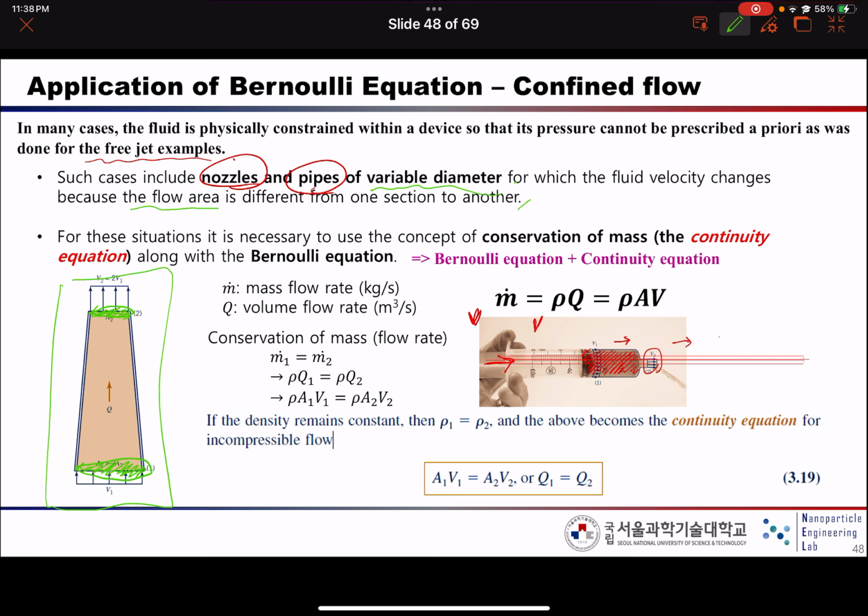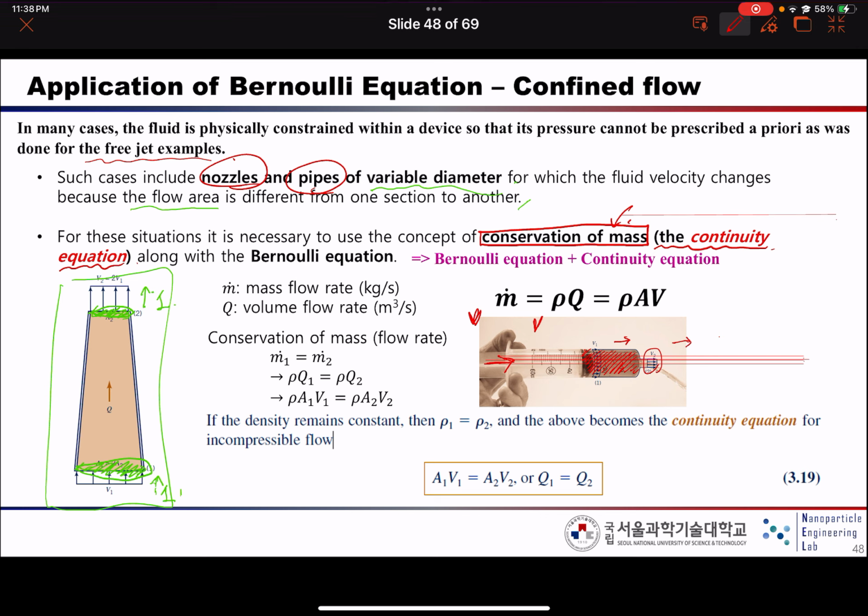So if you put one over here and one here, the mass flow rate should also be identical because of the continuity equation. The continuity equation is the conservation of mass. Conservation of mass in fluid mechanics we call the continuity equation.